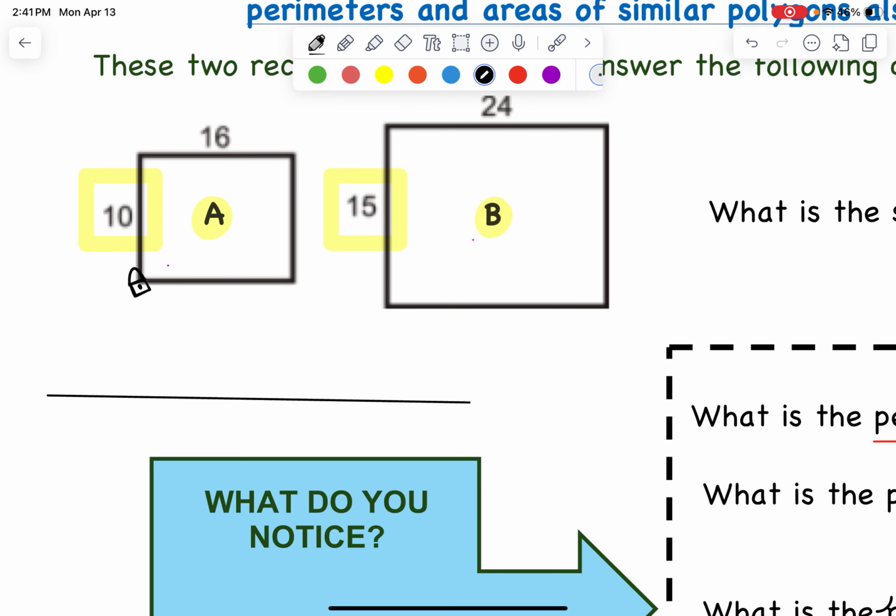Then all 4 sides would just flop down, and you'd have your 10, then your 16, then your other 10, and then your other 16. So imagine if we unlocked one of the corners of the rectangle and just let it flop open. It's going to create one long giant side length, which is the perimeter. So our side ratio will always be the same as the perimeter ratio, because it's all still just side lengths.